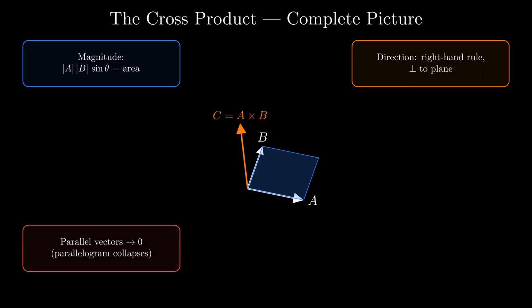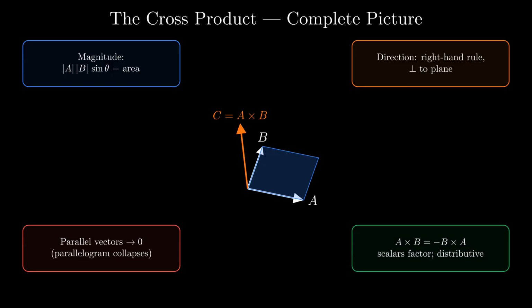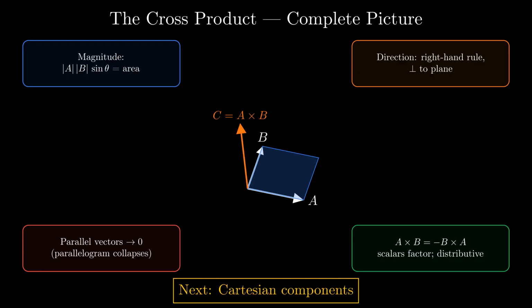Parallel or anti-parallel vectors give 0 because the parallelogram collapses. Swapping the order flips the sign. Scalars pull out and the product distributes over sums. With the geometry and algebra in hand, the next step is computing cross products component by component, decomposing vectors in Cartesian coordinates with unit vectors.